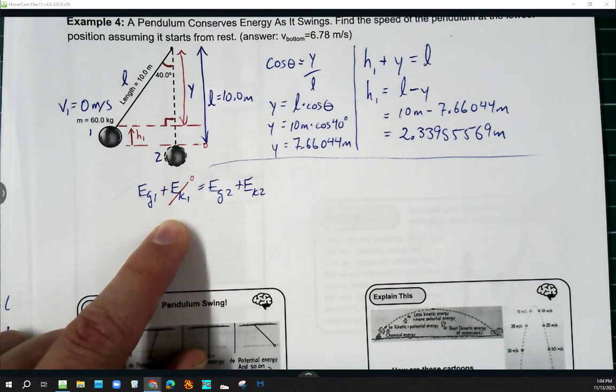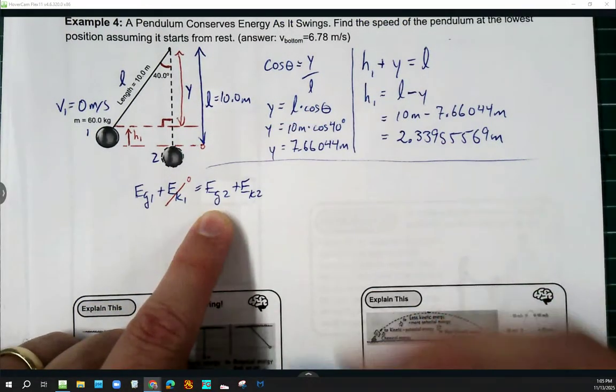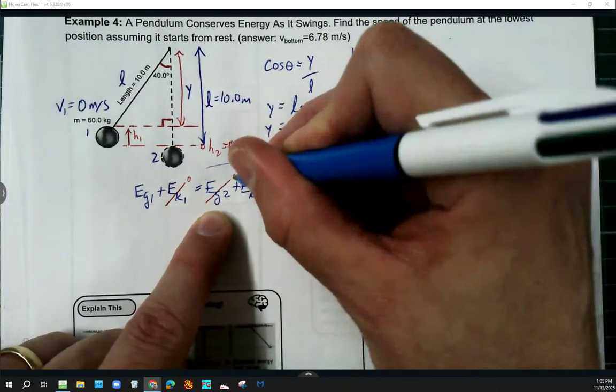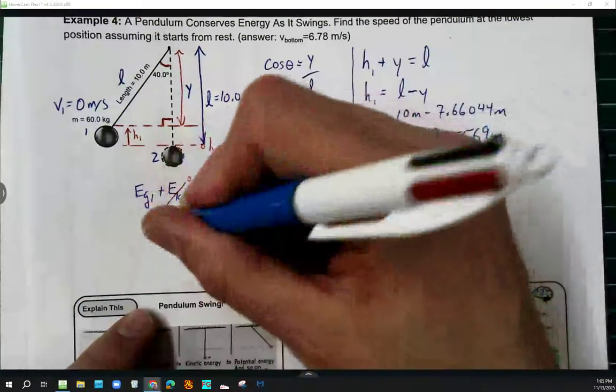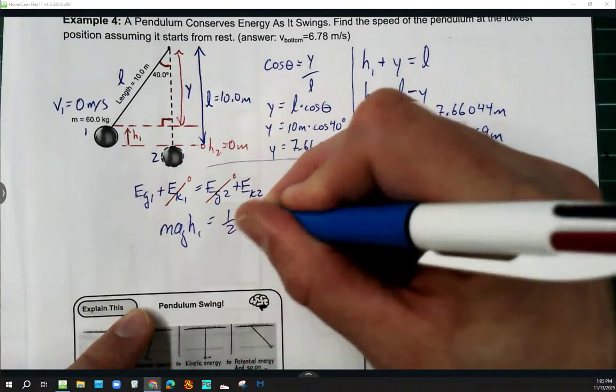Is there anything else I can zero out? Eg2, yeah. At the bottom, we define the bottom position as height of 0. So if h2 is equal to 0 meters, Eg2 is gone now as well. Same idea as roller coasters and slingshots, right?